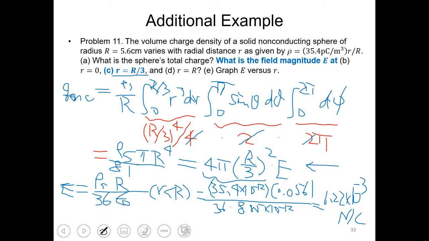If you can understand part A, then part C is nothing but changing the capital R into R over 3, because we only consider the charge inside a sphere with a smaller radius. Then we use Gauss's law. This one is 4 pi small r squared, and small r is capital R over 3 here.